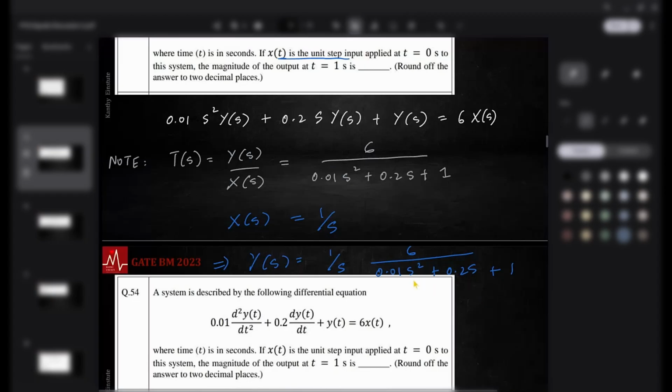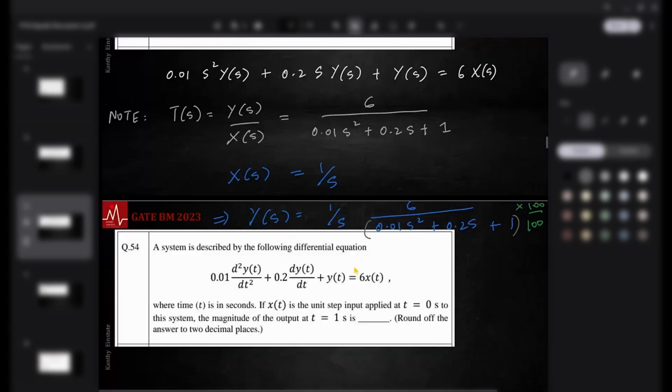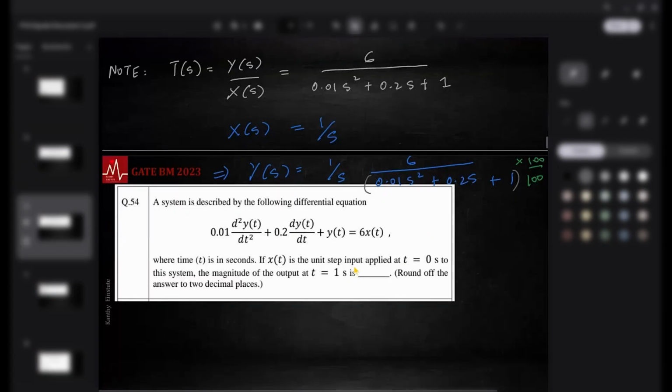Finding the roots is hard, so I'm going to multiply that by 100 over 100, because then it's s square and finding the roots becomes fairly easy. So now the question is, if you can find y of t, you can at least find y of 1.